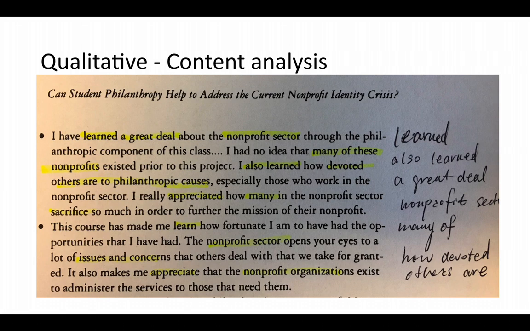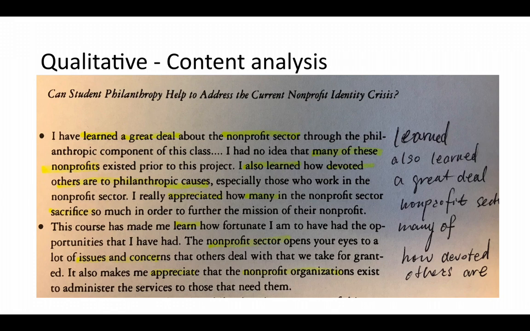This is from a document called "Can Students' Philanthropy Help to Address the Current Nonprofit Identity Crisis?" Right. So student philanthropy means you give students money, and the students act like the grant giver, right? So they invest the philanthropic money in nonprofit organizations.